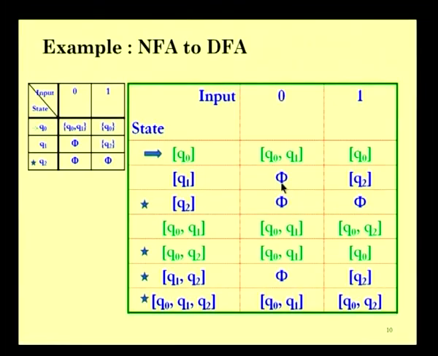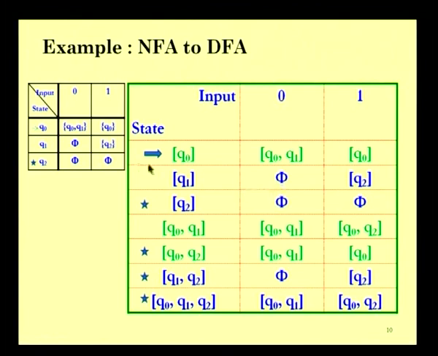If there are n states in the non-deterministic finite automaton, there will be at most 2 power n states in the equivalent deterministic finite automaton. In the best case there will be exactly n states, but in the worst case it will be 2 power n states. Most of the time we will have fewer than 2 power n states, because many of the states will not be reachable when you transform it into its equivalent deterministic finite automaton.